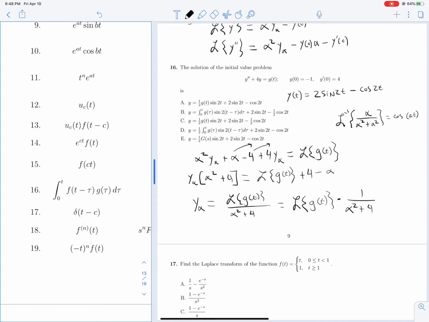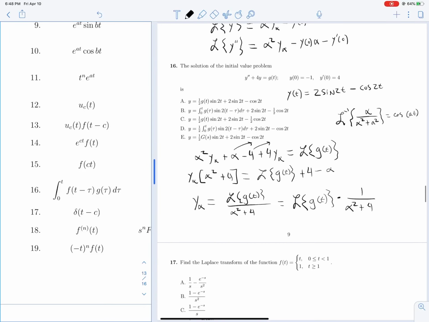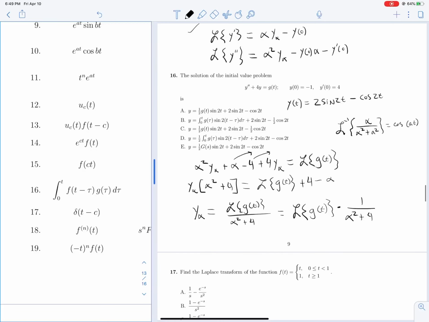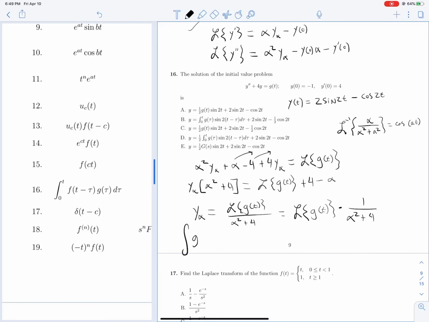So for us, what this means is that we can express this as the integral of g of t, because the inverse Laplace of the Laplace of g of t will just give us g of t. And then the function that we would take the Laplace of to get this guy.